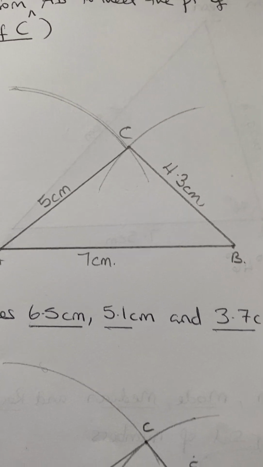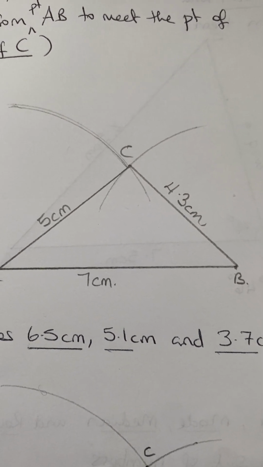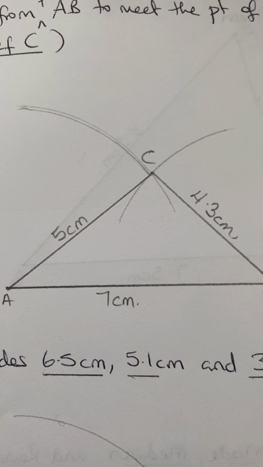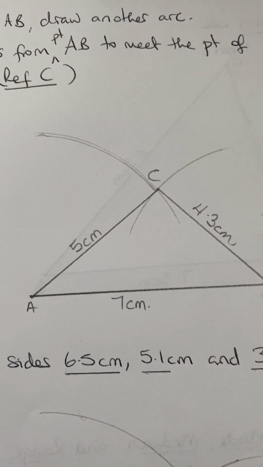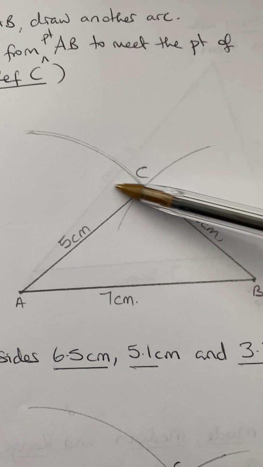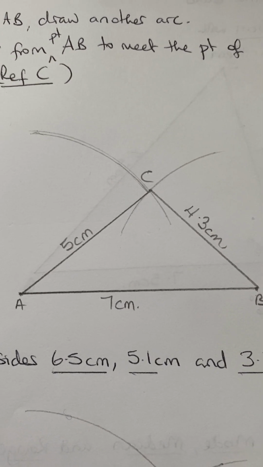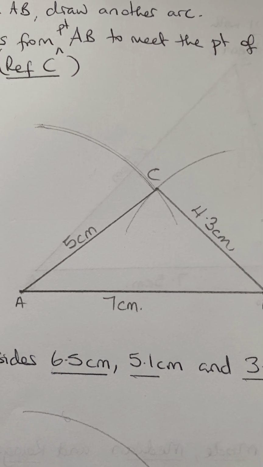As I said, the formulas we use in triangles, this is how they came about. And if you use the protractor and measure the 3 angles, they would definitely add up to 180. Okay.